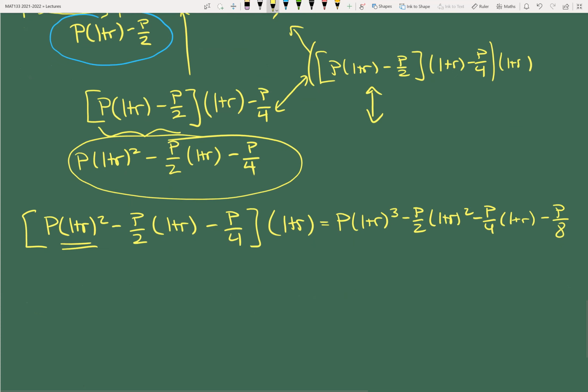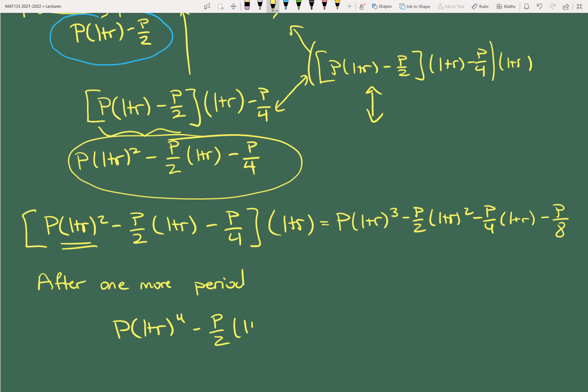After one more compounding period, we just keep picking up these factors of 1 plus R: 1 plus R cubed, P over 4, 1 plus R squared, P over 8, 1 plus R. Okay, and that's our final answer. Let me just make sure we're okay with this though. Are there any questions?